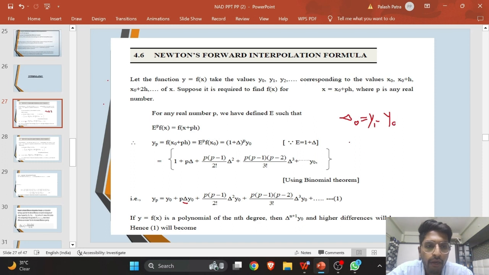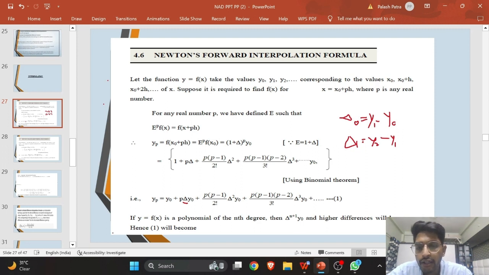Similarly, delta y1 would be equal to y2 minus y1. This is known as the forward difference operator, or the delta operator.